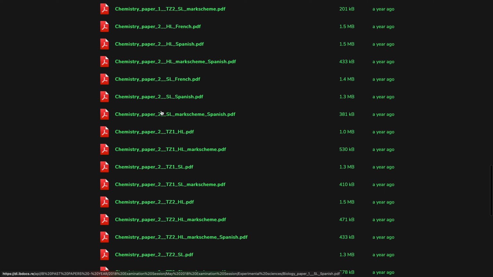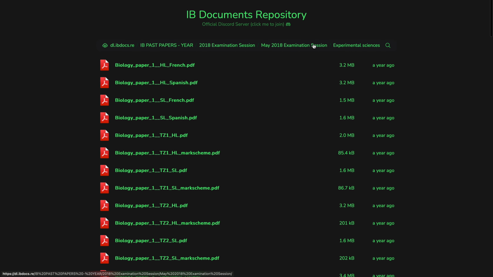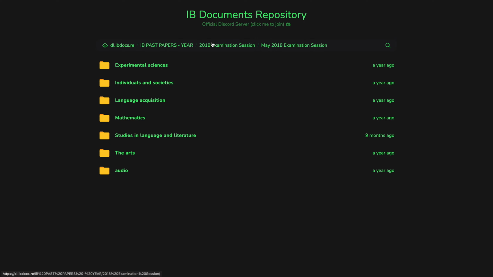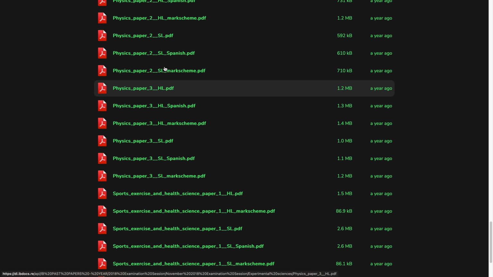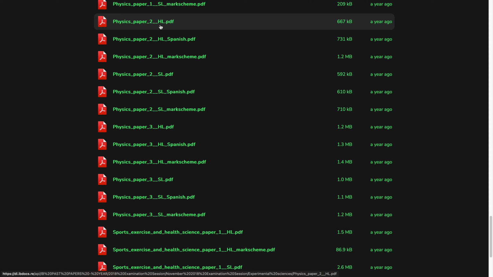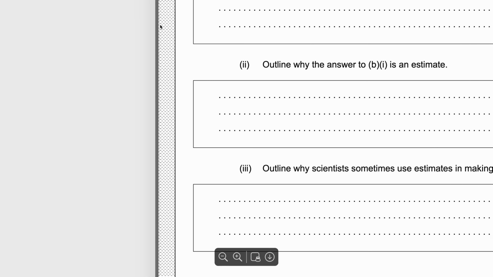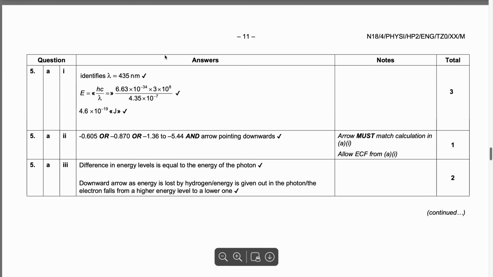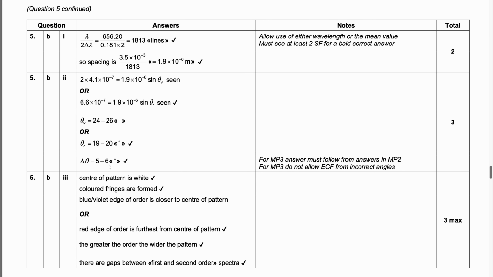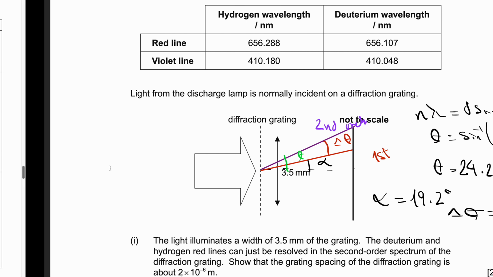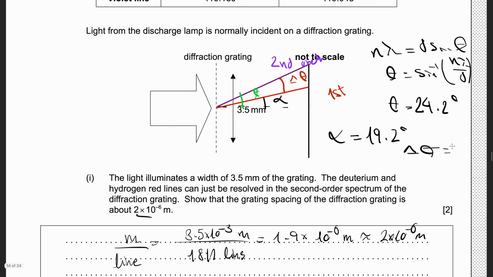This is November 2018, Physics paper 2. Oh, marking. We need the marking. Okay, this is question number 5. Yeah, 5 to 6 degrees. Let's go. So 5 degrees is indeed correct. Good job, guys. Good job.